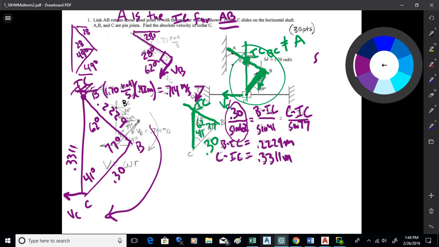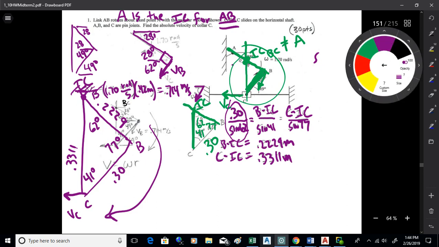All right, so once I've got there, what I've got to do first is find omega. I can do that because I know what the velocity of B is. I already found it, it's 0.714.